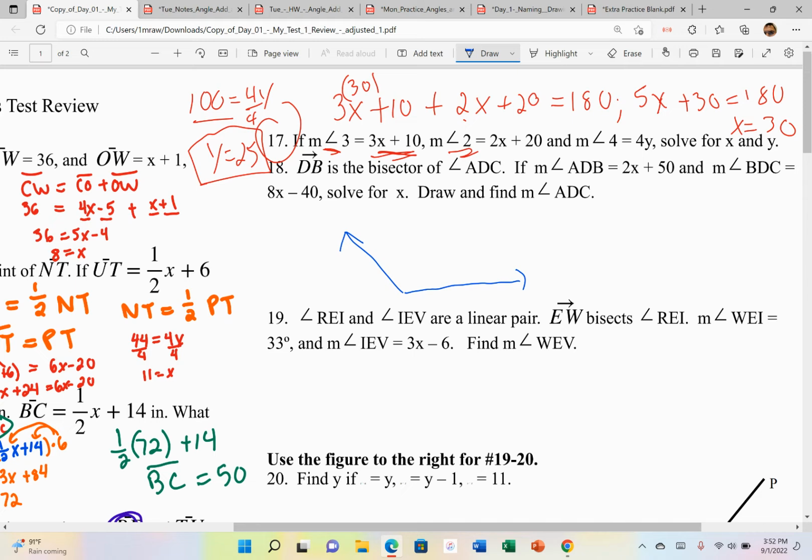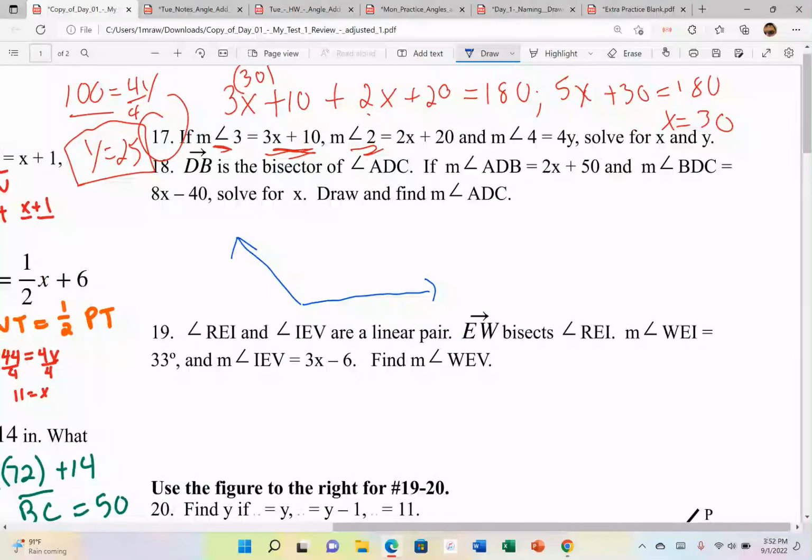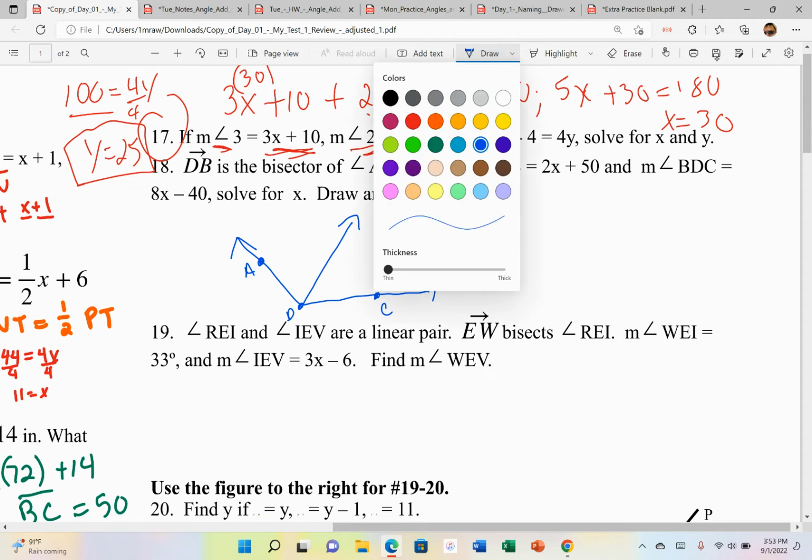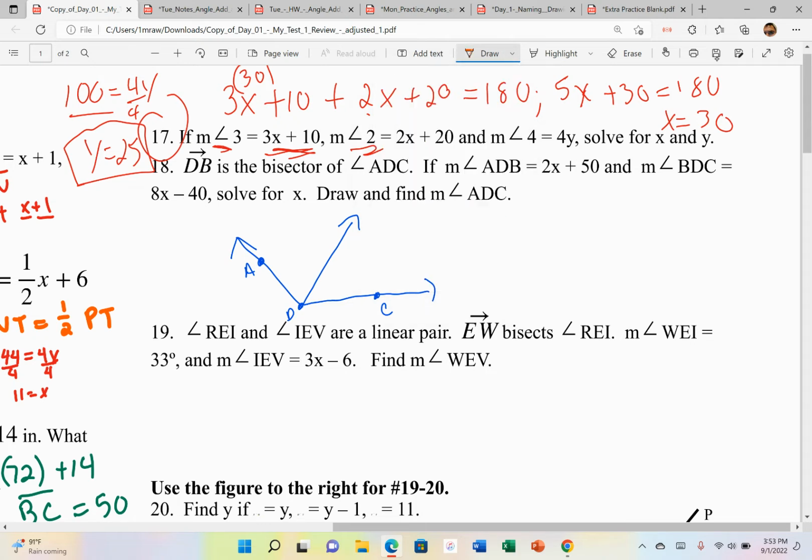So it's saying DB is the bisector of angle ADC. So here's A, here's D, and here's C. DB is a bisector of angle ADC, so what that means is that these two angles are congruent.